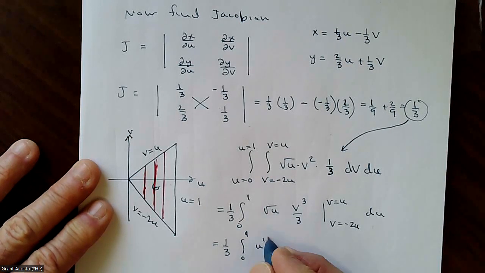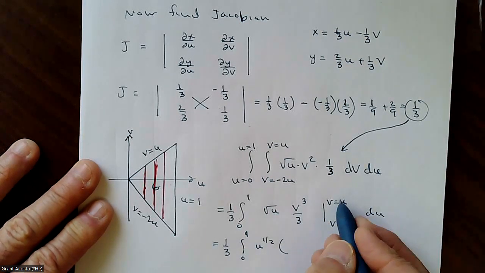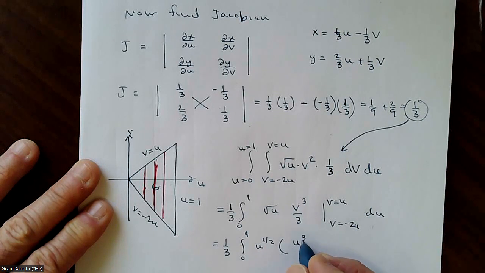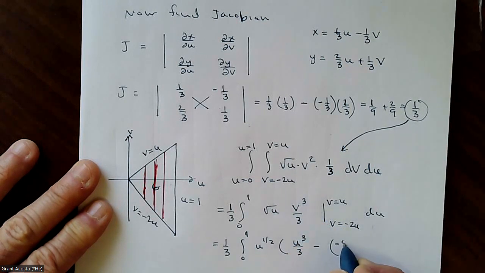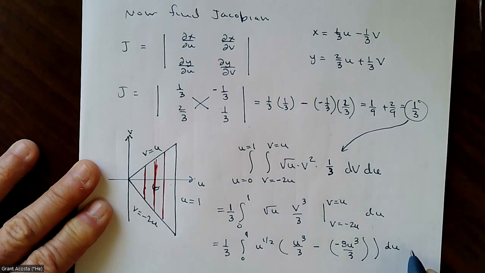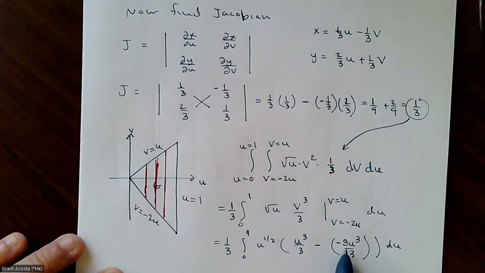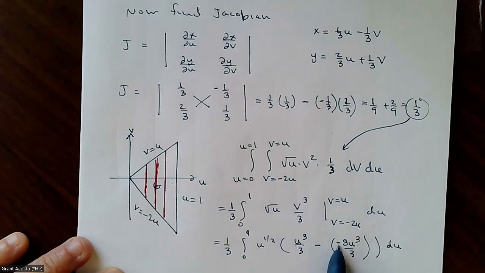Let's go ahead and write this as u to the 1/2. When I put in u there, I get u cubed over 3 minus, if I put in -2u and cube it, it's going to be minus 8u cubed over 3. u cubed over 3 plus 8u cubed over 3 is really going to be 9u cubed over 3.